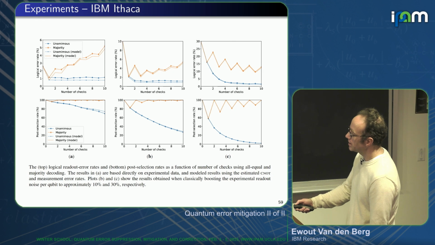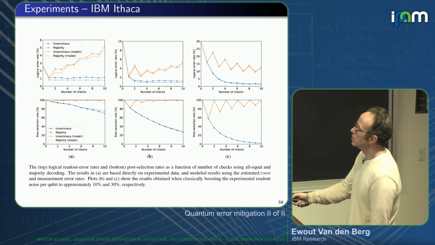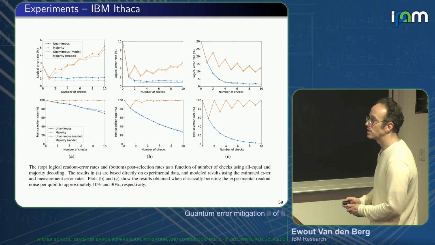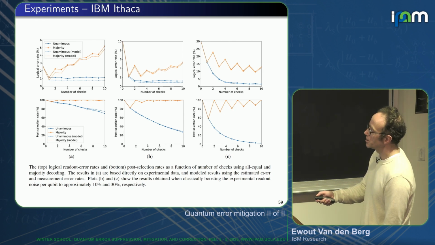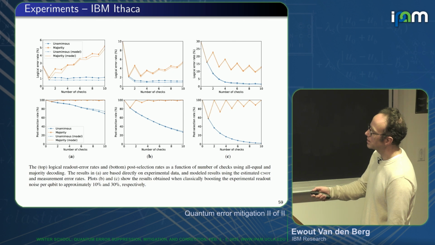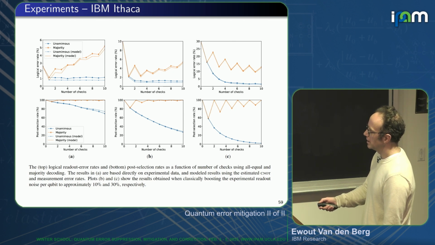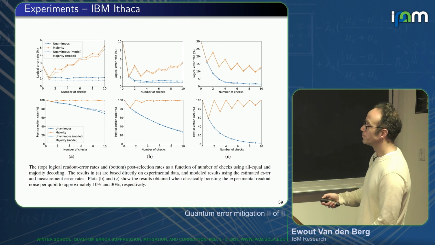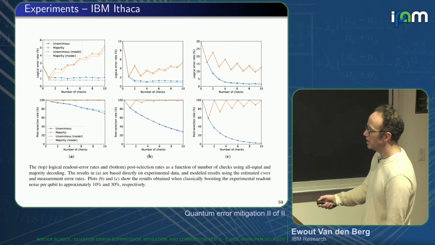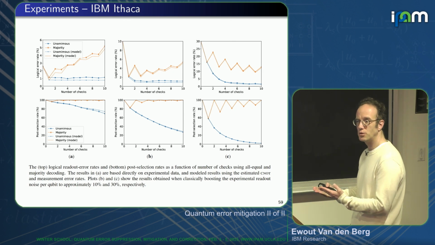The post-selection rate here does go down. If you do majority voting, this only applies for odd numbers of measurements. Then actually the logical error rate increases again, but the post-selection rate is pretty much all one, except for the even number, because if you measure 2, there's no clear winner.